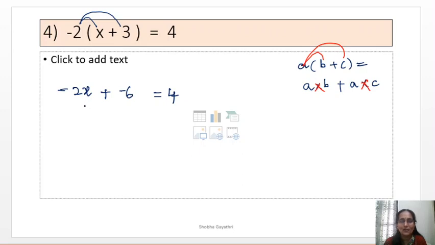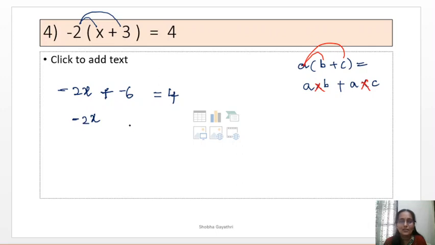Now you have to apply your transposing rules to find the solution of x. Don't transpose all the numbers to the right side straight away. We have to transpose term by term. Now it is plus here, but the sign of the number is minus. It is ultimately minus 6, right?